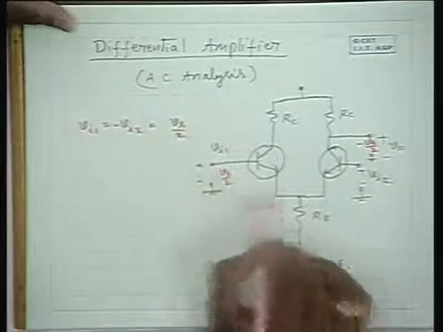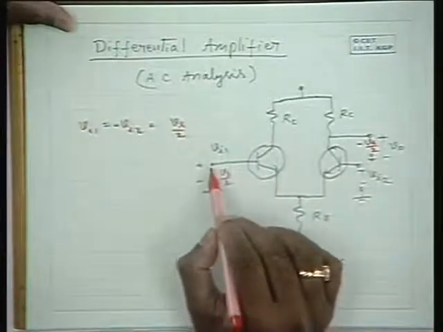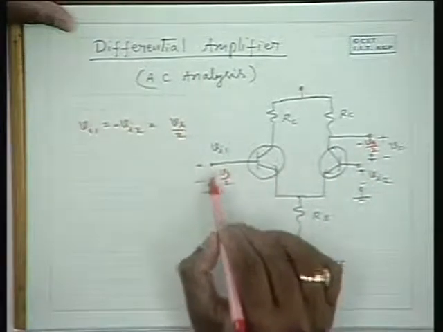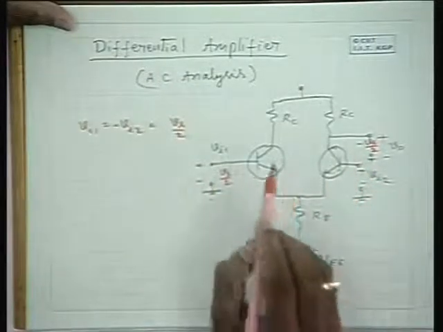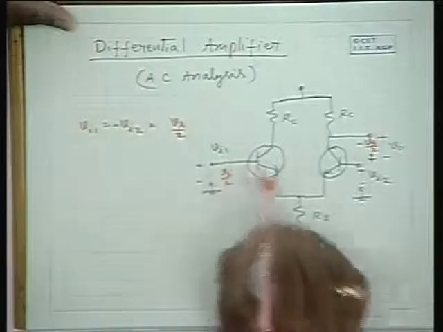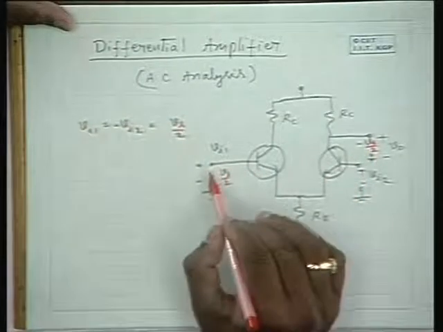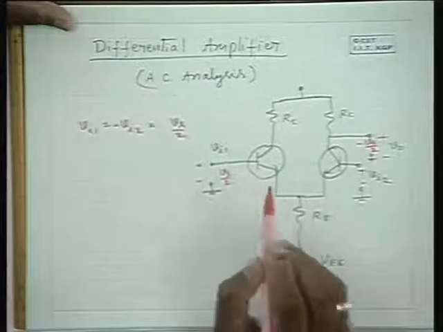these two transistors are biased at 0 potential for the base. Hence, in the absence of the signal, the input is just grounded.